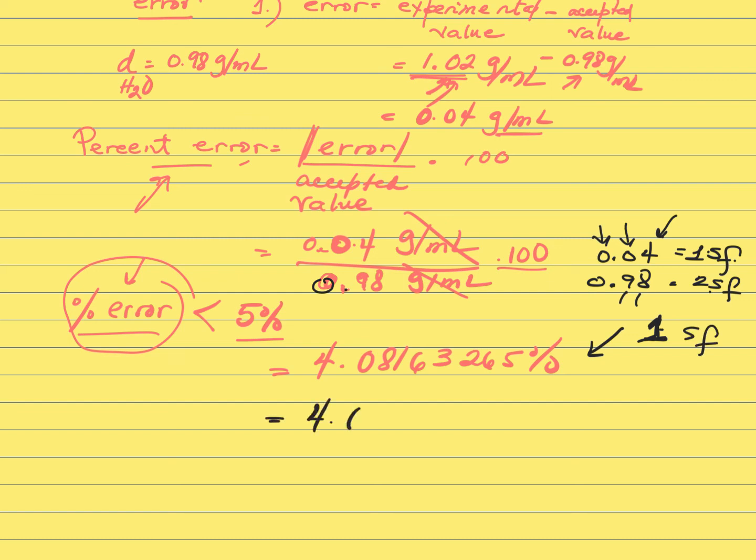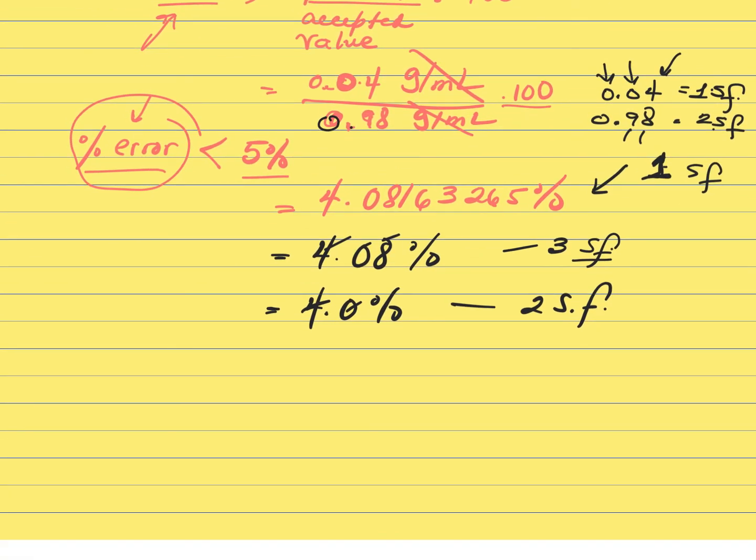If I do this, 4.08 percent, I have 1, 2, 3 significant figures. So I'm not expressing the final answer with the correct amount of significant figures. Okay, so if I do this, I have 1 and 2 significant figures, and I need only one significant figure for my final answer. How are you going to do that?